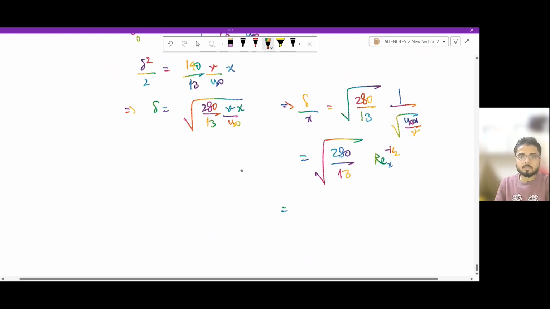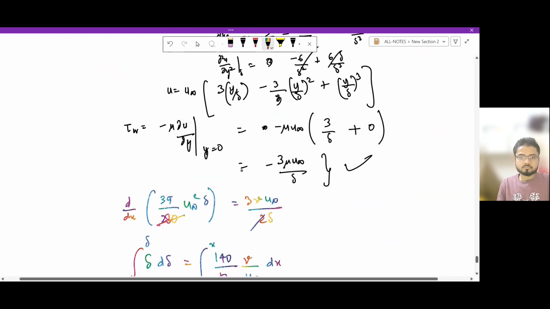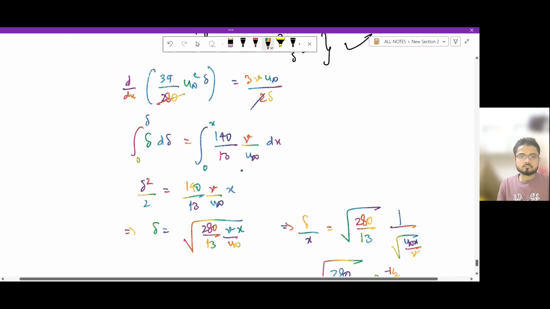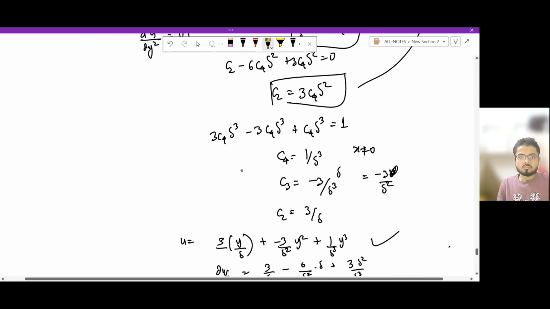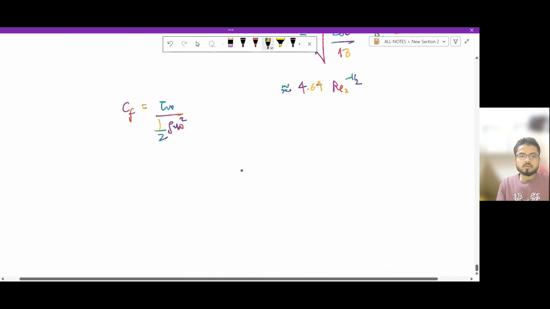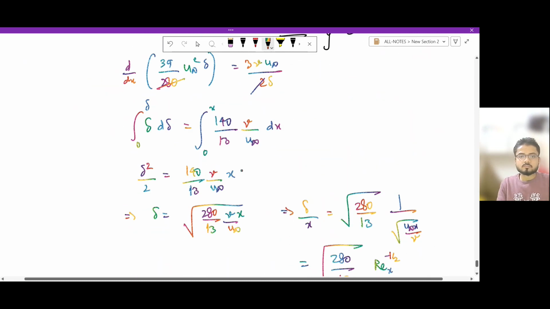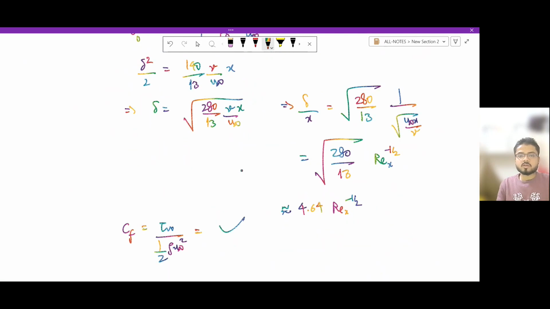This is 4.64. Well, approximately, maybe. Re exponents 1 by 2. And similarly, you could always find out tau wall over half of rho u infinity squared. And you already know tau wall, right? So you could always have that.